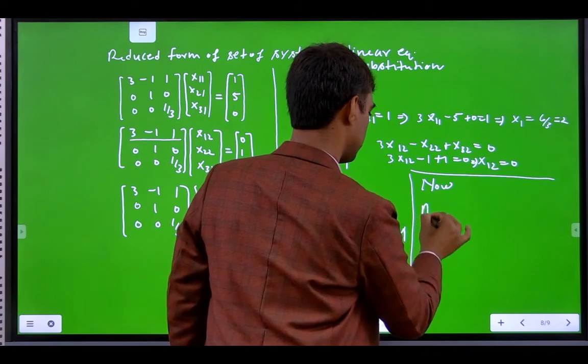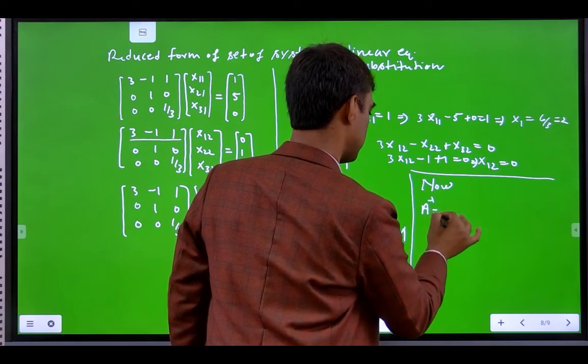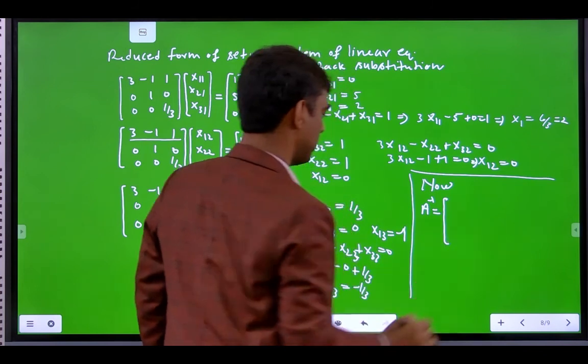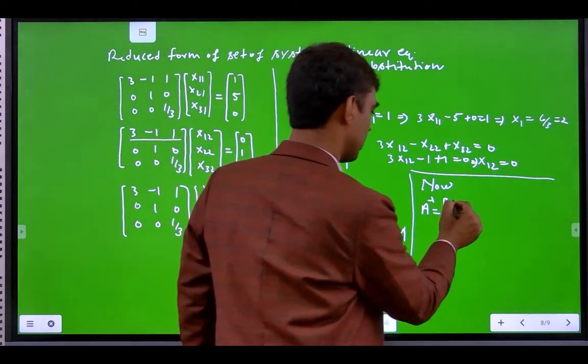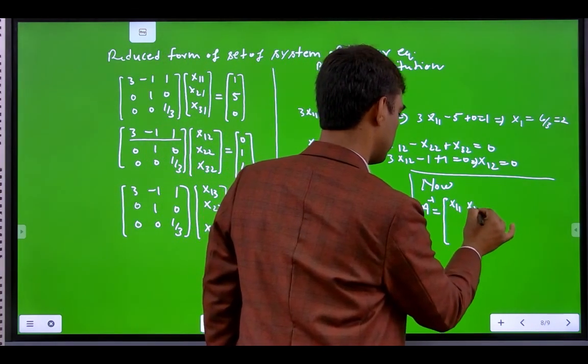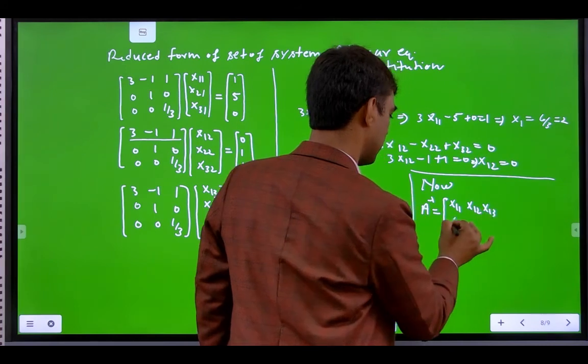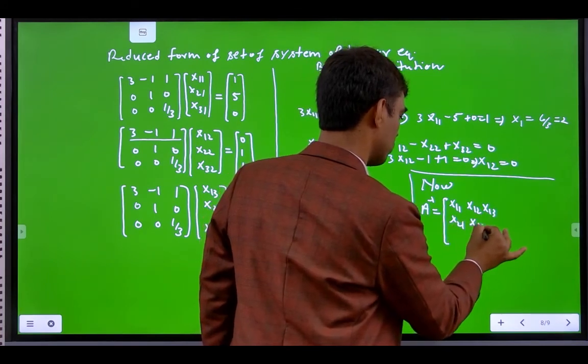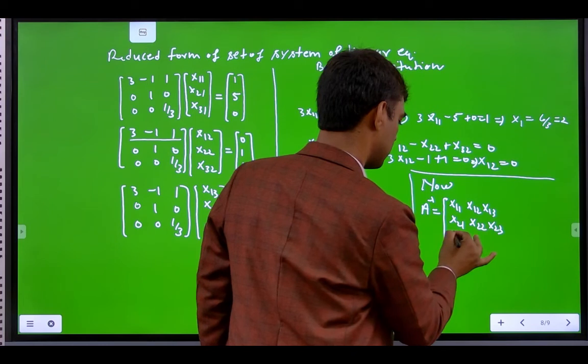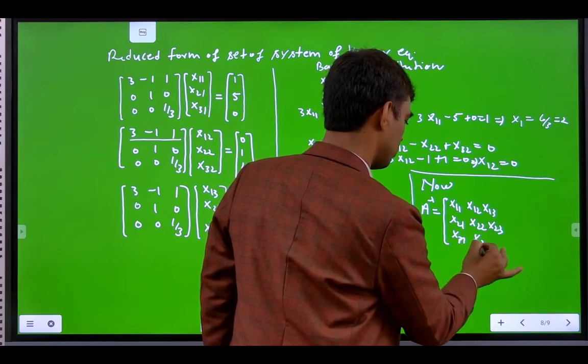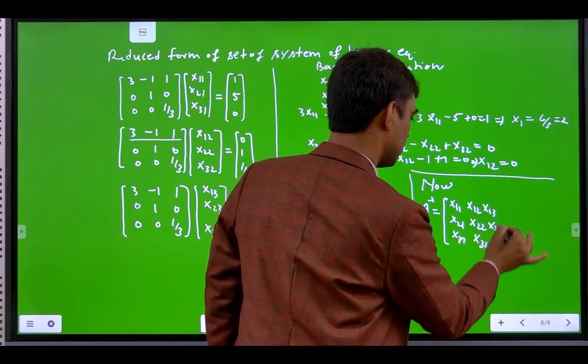A inverse equals x11, x12, x13, x21, x22, x23, x31, x32, x33.